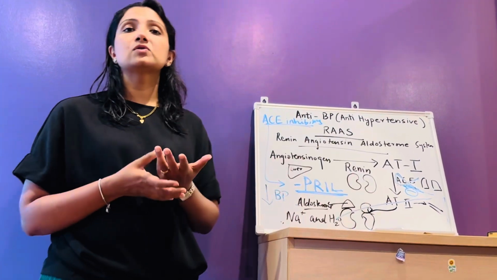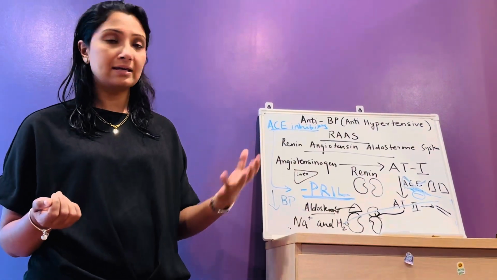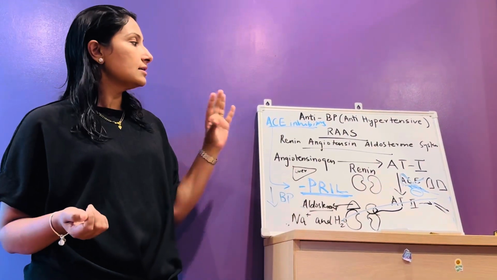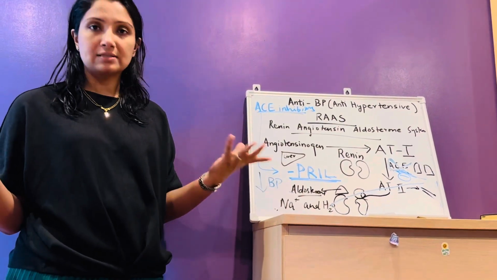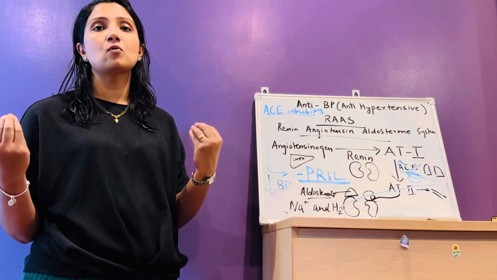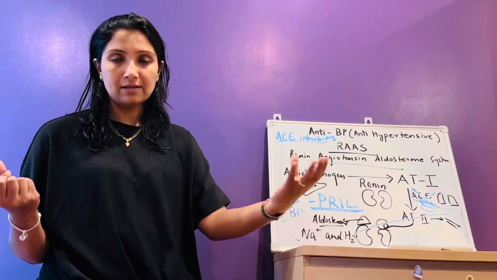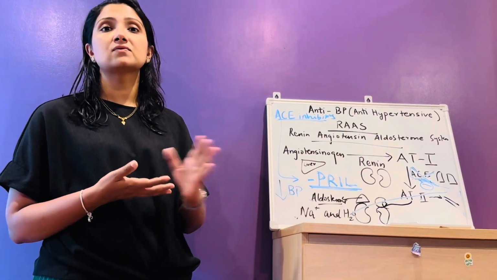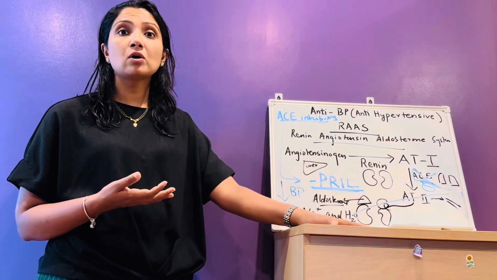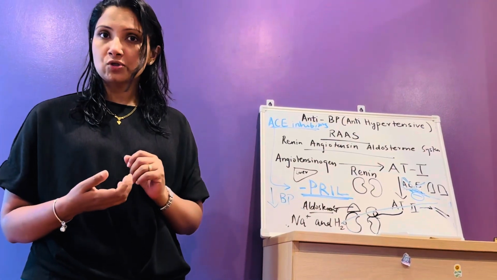ACE inhibitors are used to reduce the blood pressure and other conditions like heart failure, post-MI, LV dysfunction. Now, what is the primary adverse effect? What do you have to watch for? When you administer a prill, ACE inhibitor or any antihypertensive, especially the first time, you have to watch for hypotension, a sudden drop in blood pressure.